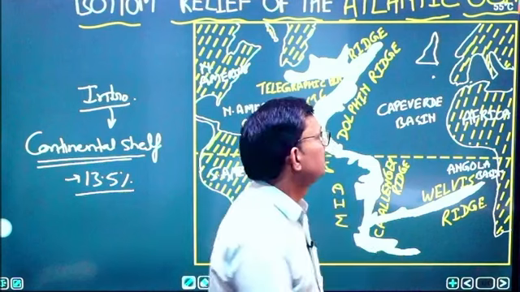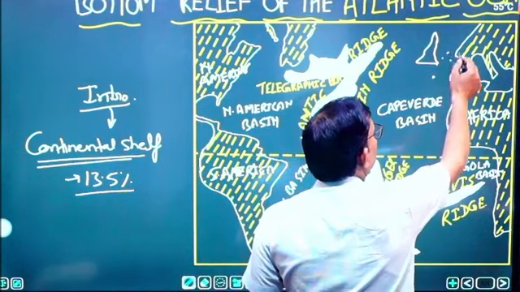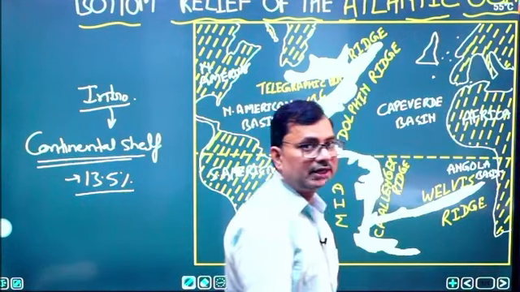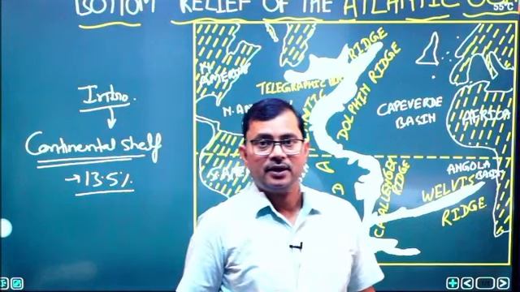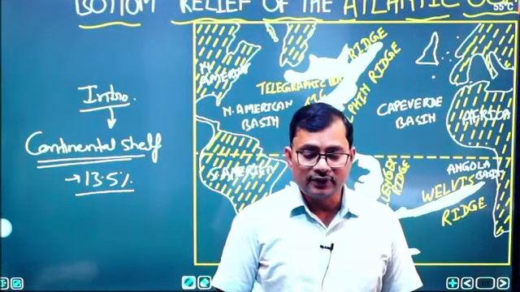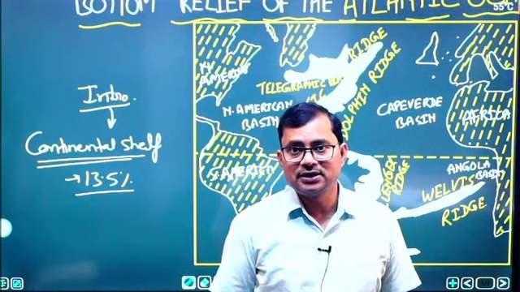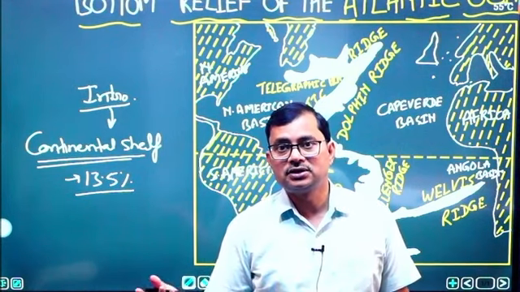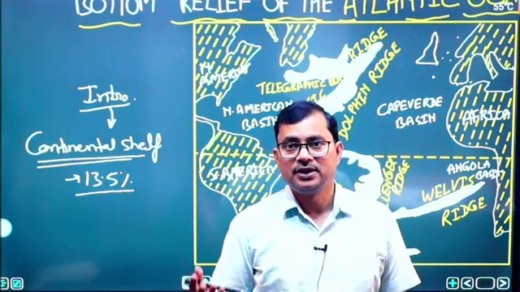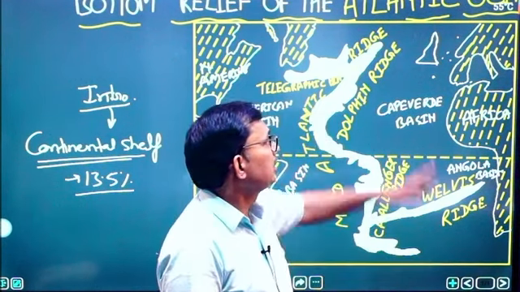In this area, continental shelves are very, very wide. So it's not evenly distributed. A high level of expansion is found in the northeastern part of the Atlantic Ocean.